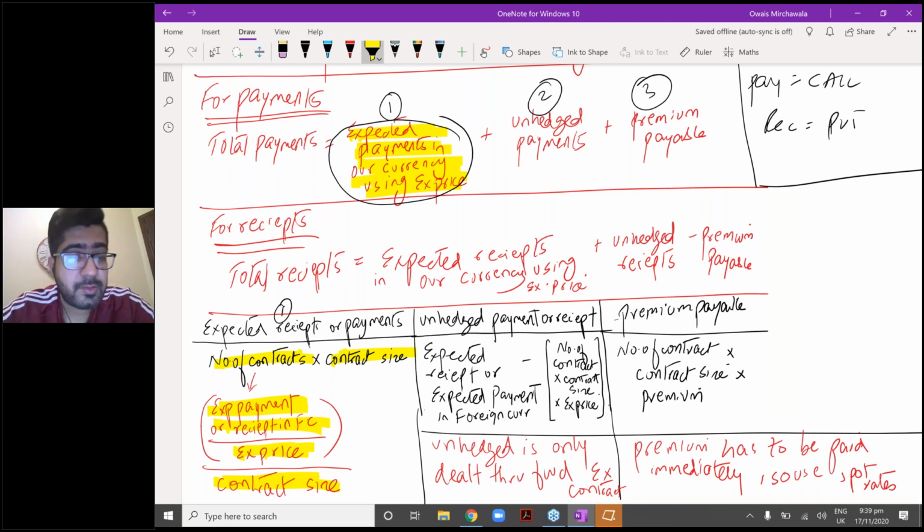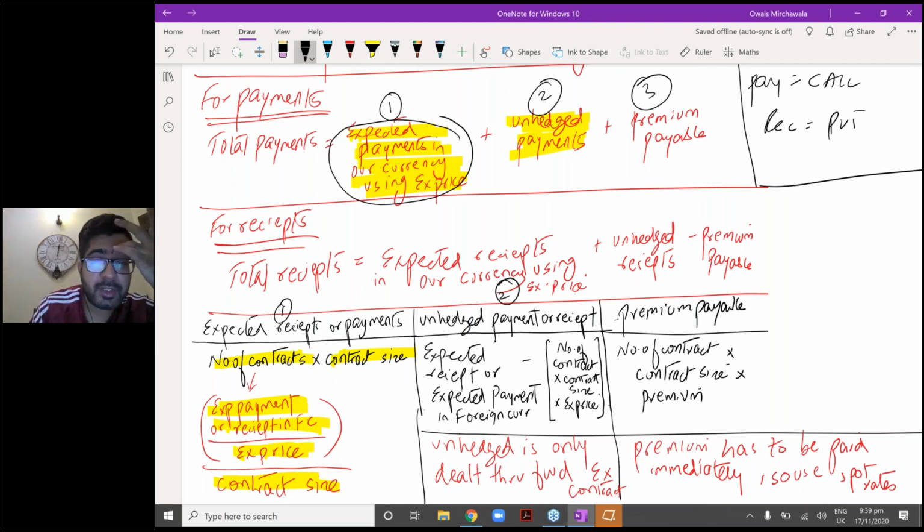So obviously, when you enter into a standardized options contract, you won't be able to hedge your full amount. There is some unhedged amount left. How is this unhedged amount calculated? Number two, it's expected receipt or payment in foreign currency minus number of contracts into contract size into exercise price.